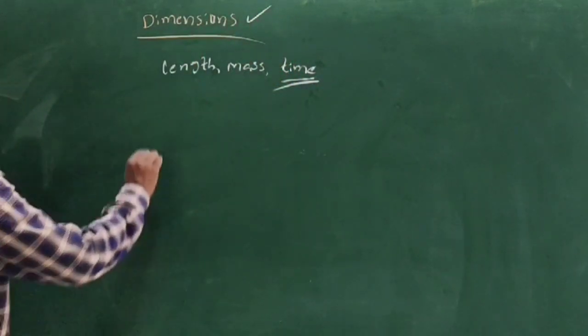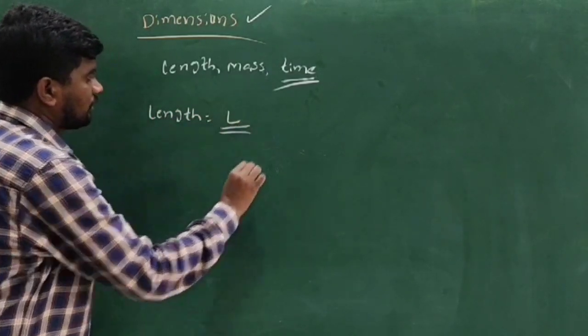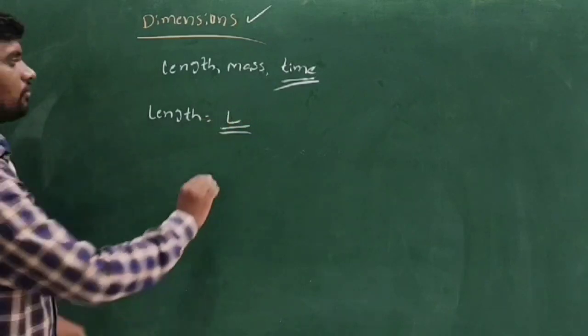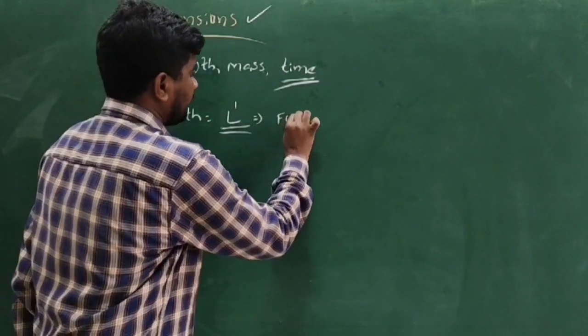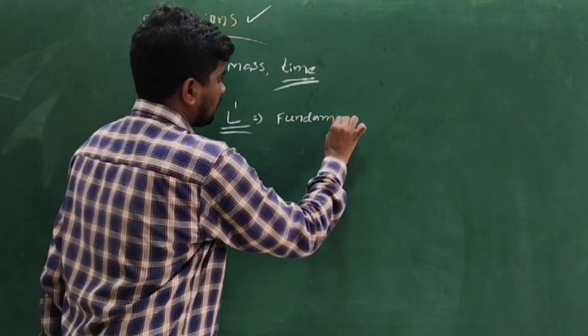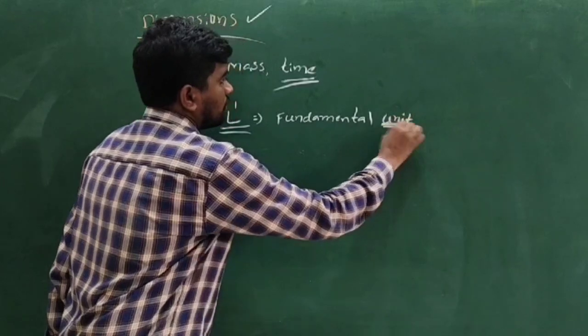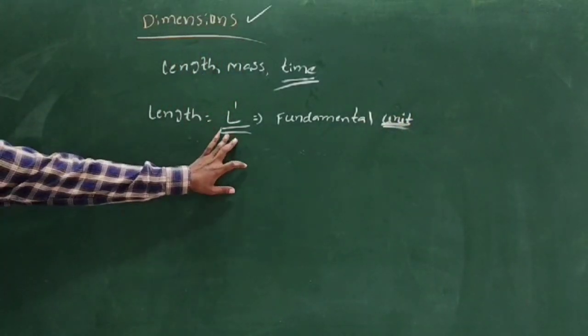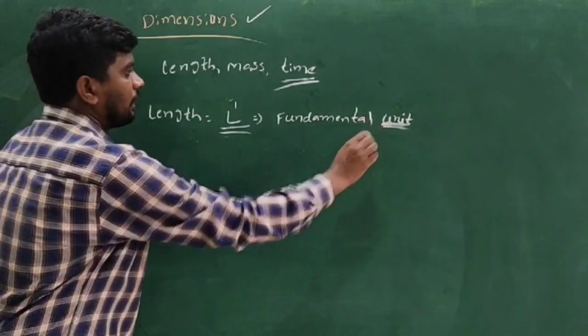Length, for example, L, with the power of 1, is a fundamental physical quantity, a fundamental unit. When the power of L is 1, it represents length, a fundamental unit.